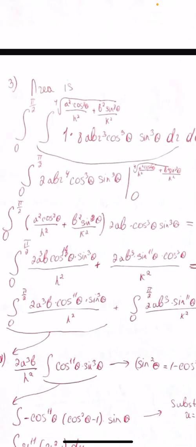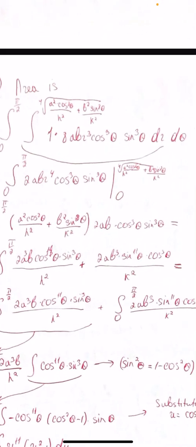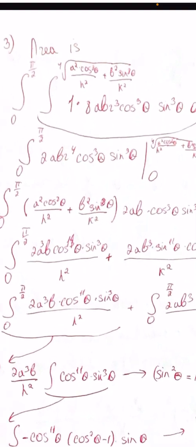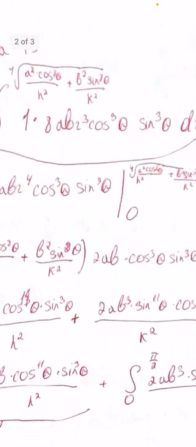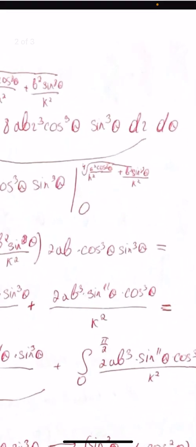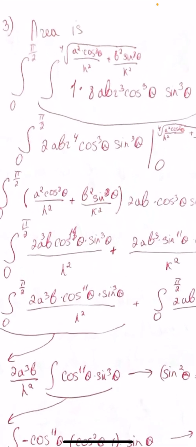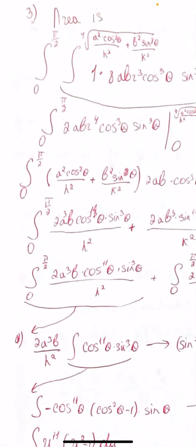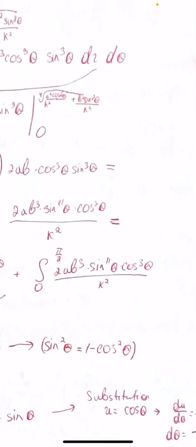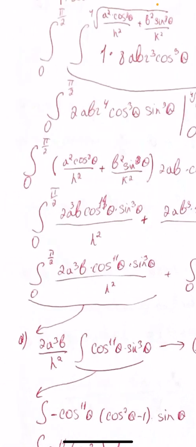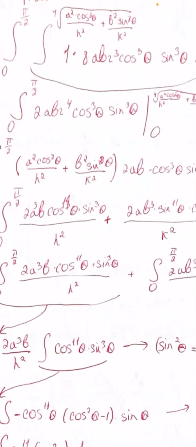So in the first part we will find our first integral, which is with respect to r. We will get this function. We will put everything in, and eventually we will get this equation here, which equals, as you can see, the sum from 0 to pi over 2.